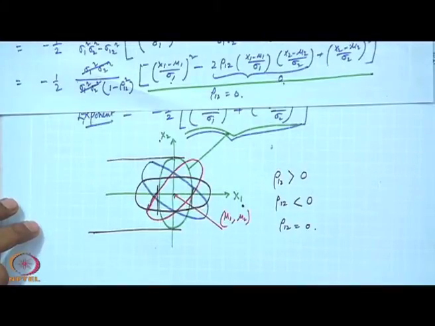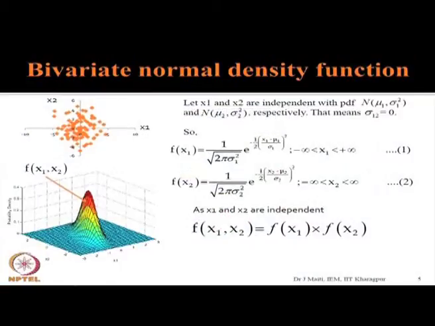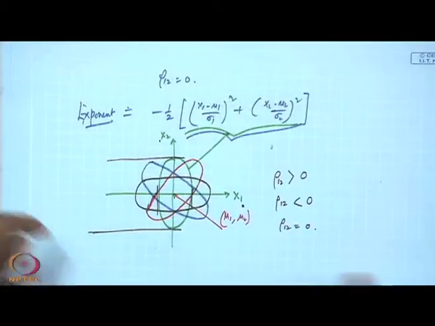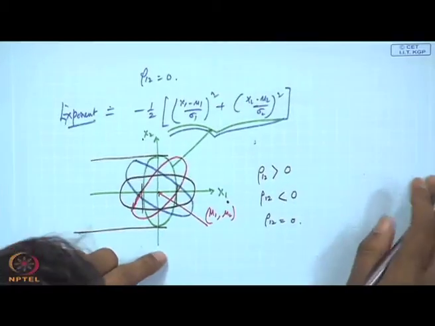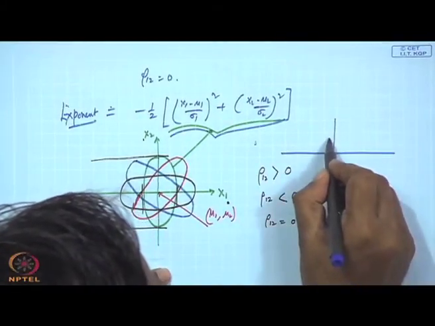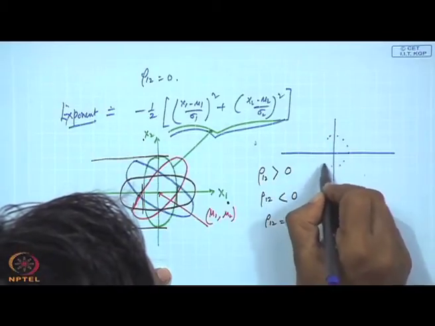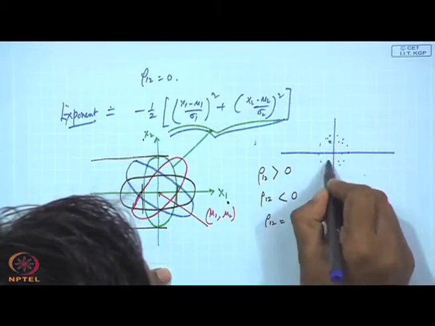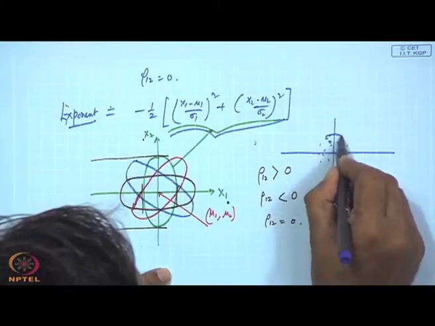It will go to this level. Okay. But in one of the slides, I think I have shown you this picture, that my x 1 and x 2 is like this, my data is like this. It is a circle.